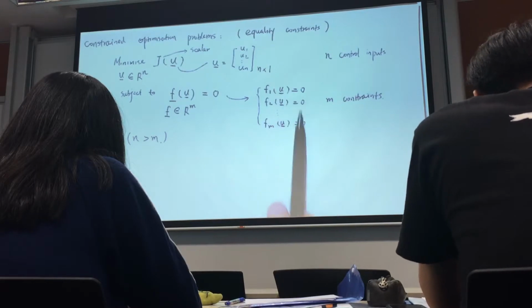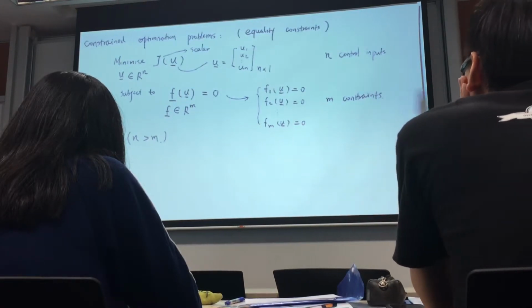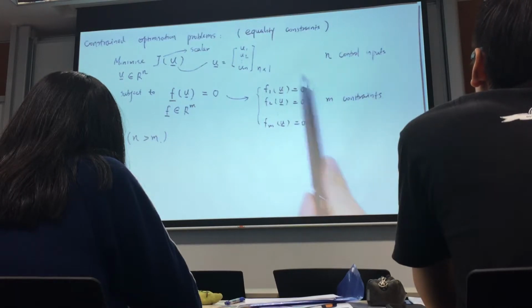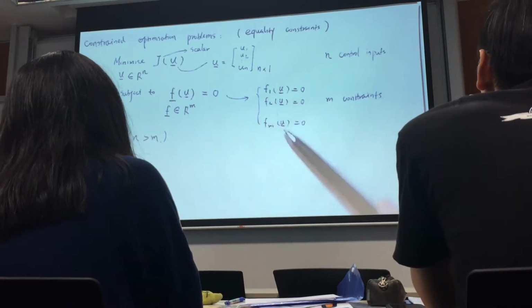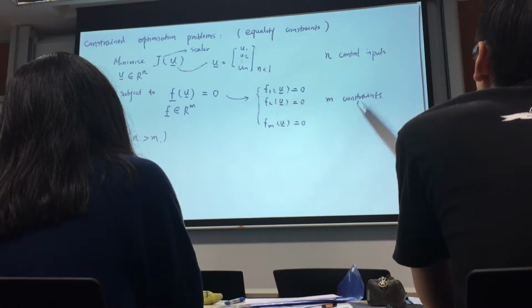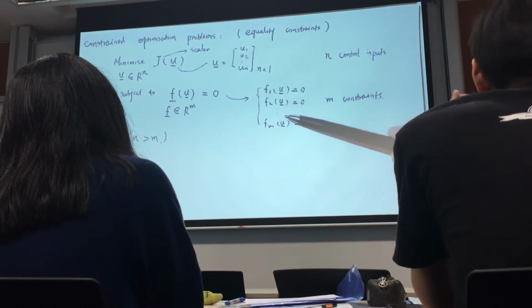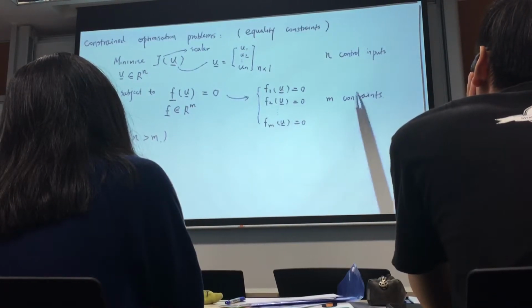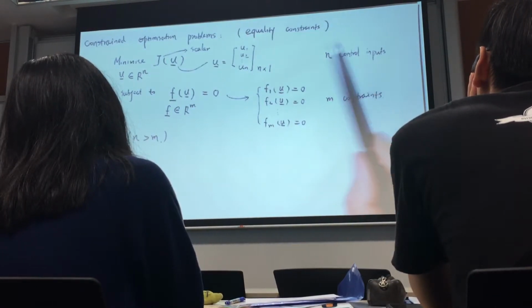The reason for this is that here we have n control inputs, so we have n unknowns. But if we also have n constraints, we have n equations. So what happens if we have n equations for n unknowns?